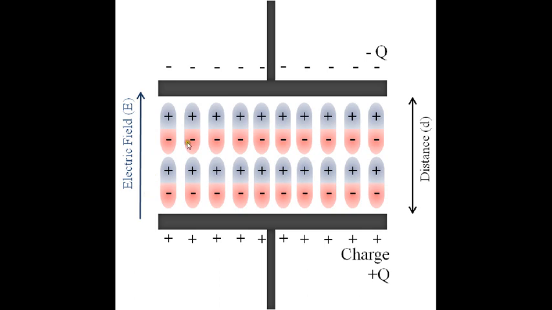But inside the medium, the induced electric field is directed opposite to that external field. Here are positive charges and here negative charges. The internal induced electric field will be directed downward, and the external field is upward.